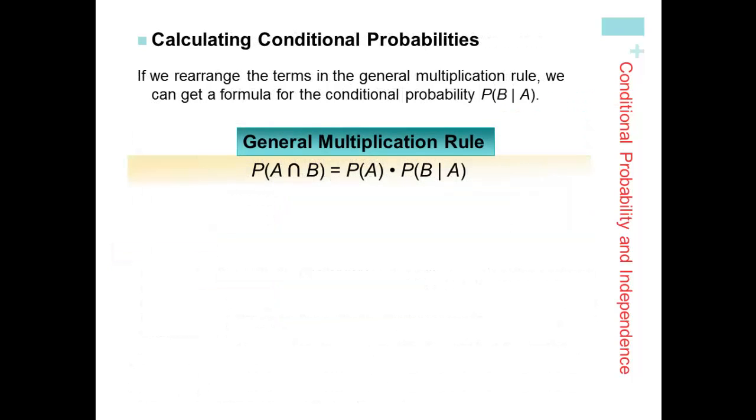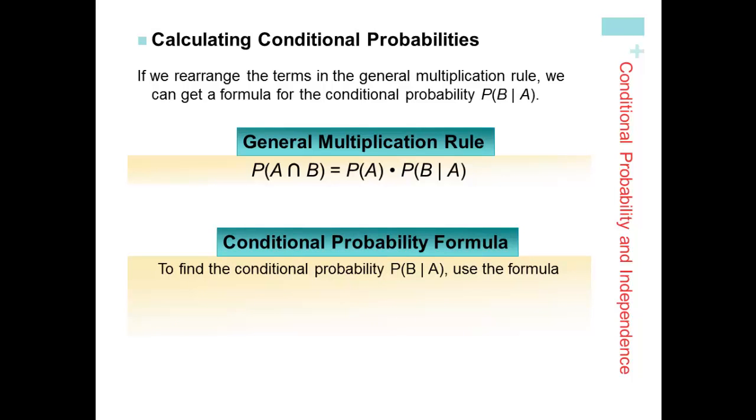If we rearrange the terms in the general multiplication rule, we can get a formula for the conditional probability, the probability of B given A. Again, here's our general multiplication rule: the probability of A and B equals the probability of A times the probability of B given A. To find the conditional probability, use the following formula.